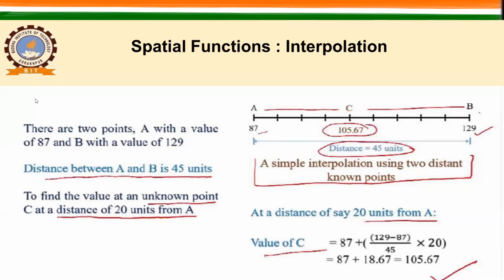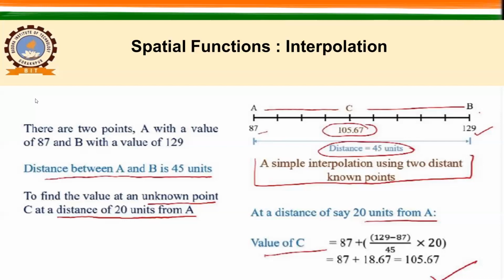This is very easy when you have only two points. You just have to estimate the distance and divide the values into different segments, and then you can easily find out the value of C. Such operations can be easily done with GIS, where we have locations attached.